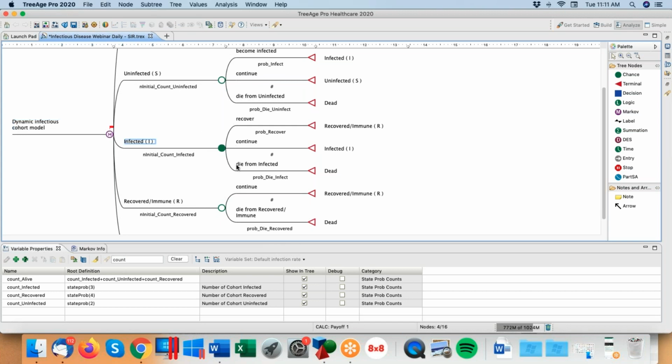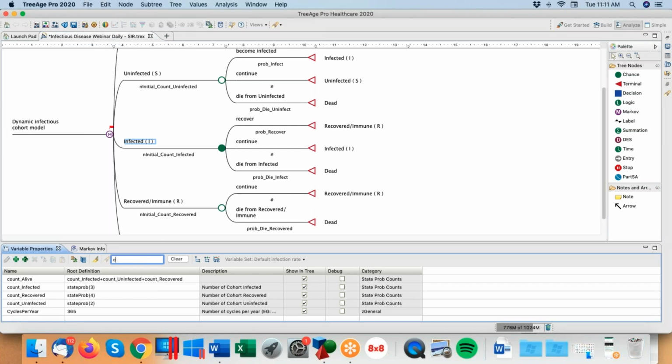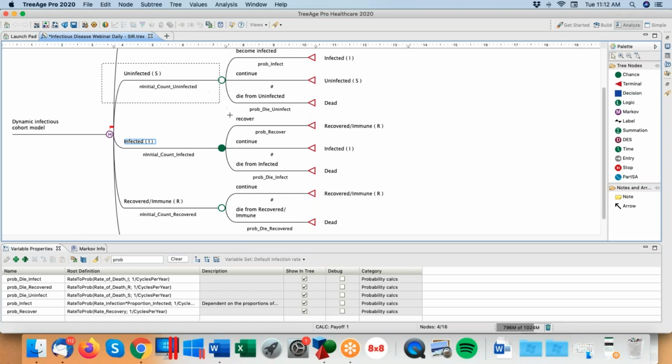You take that one divided by the other, and now you have a percentage infected, which again feeds back into the probability of infection, this proportion infected. So again, this proportion infected is the count of people in here divided by the count of the people in all 3. And that's how this thing is going to begin to spread with increasing acceleration.